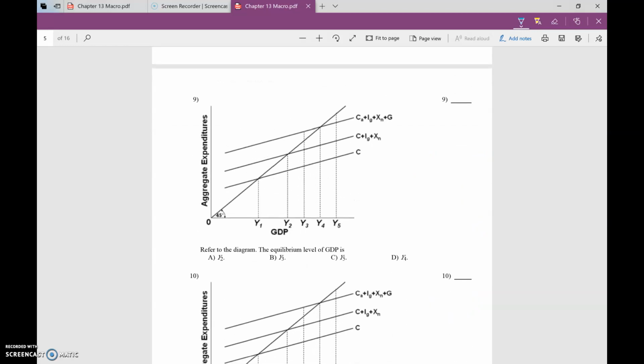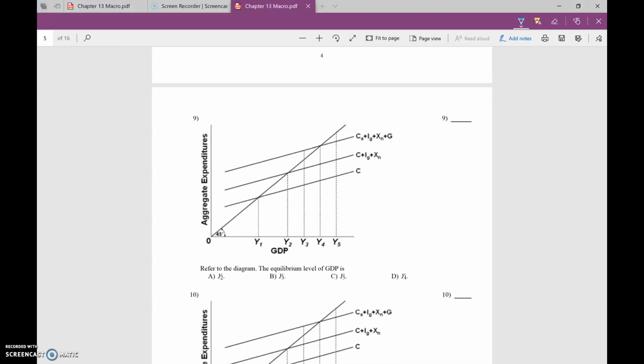Alrighty, so these are quite straightforward here. The equilibrium level of real gross domestic product is going to be Y4 because this is where the 45-degree line touches this line, which is consumption, investment, net exports, and government spending.